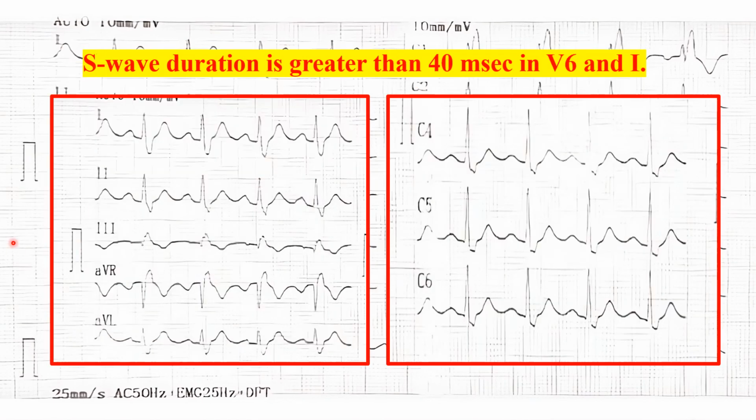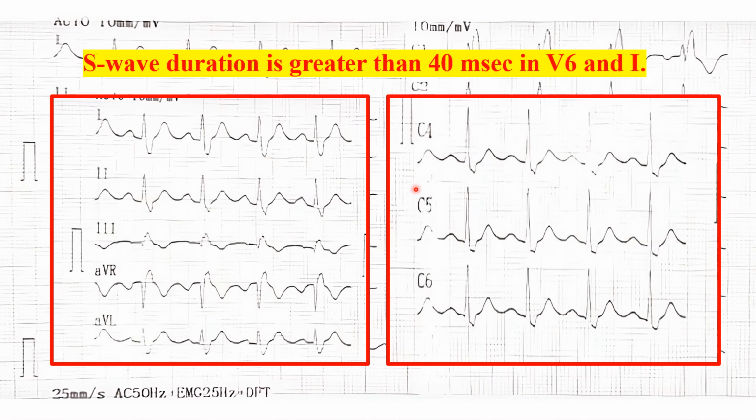What else we can see on the ECG is the S wave duration. Because the depolarization is delayed, the repolarization is also affected. So the S wave duration has to increase to more than 40 milliseconds in leads V6 and lead 1.